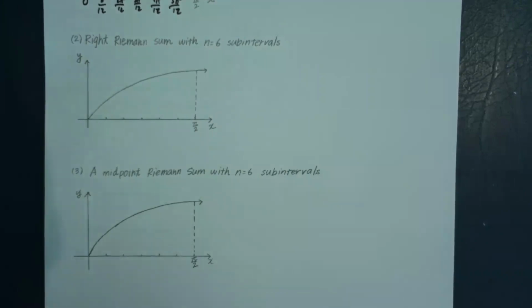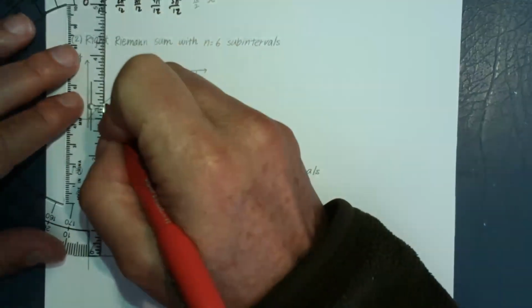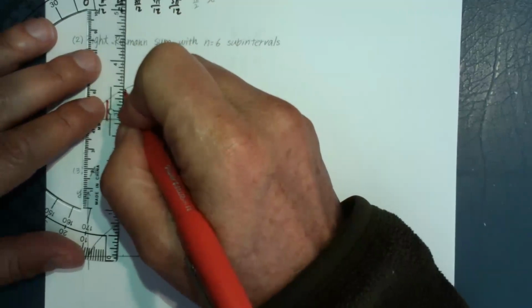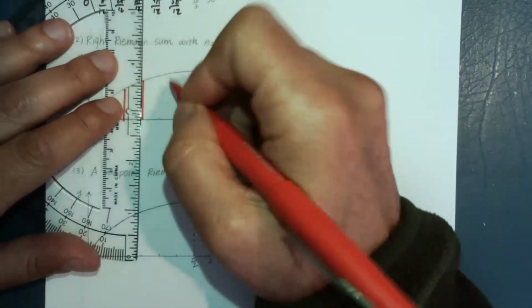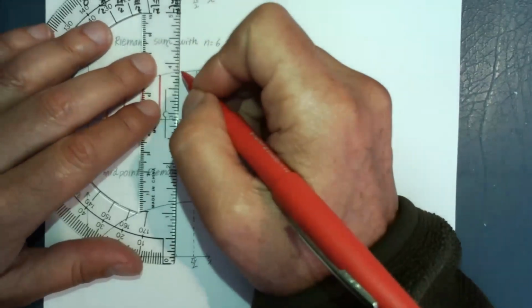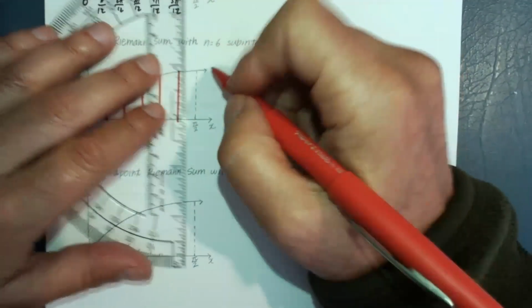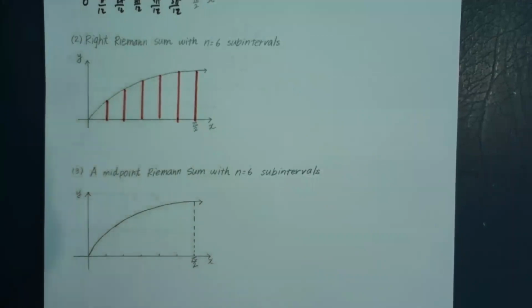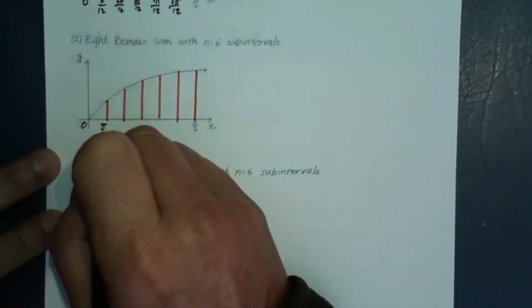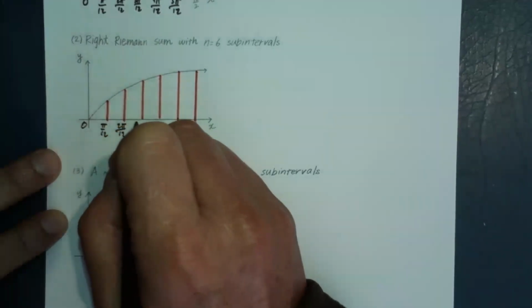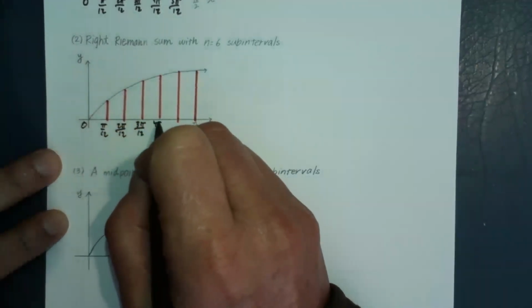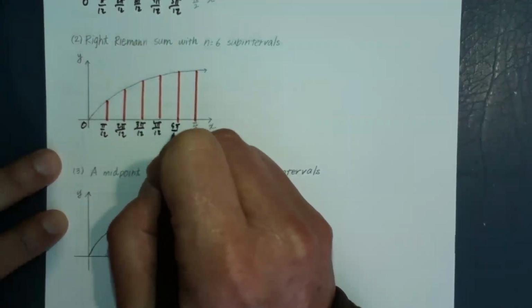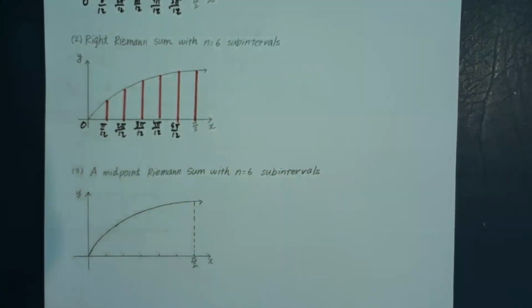And what does that mean for us? That means that we are going to be starting. So the right Riemann sum, and once again, to label these, this is 0, pi over 12, 2 pi over 12, 3 pi over 12, 4 pi over 12, 5 pi over 12, and then 6 pi over 12, of course, is pi over 2.